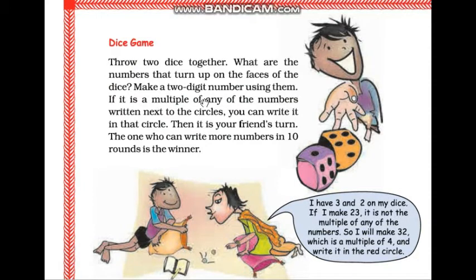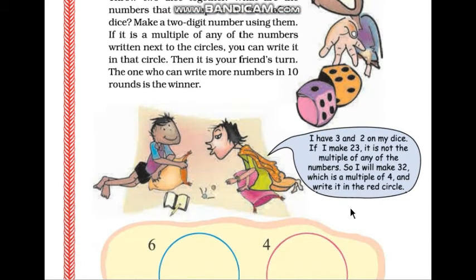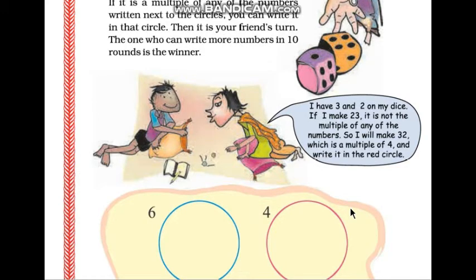If it is a multiple of any of the numbers written next to the circle, you can write it in that circle. Then it is your friend's turn. The one who can write more numbers in 10 rounds is the winner. So here these 2 friends are playing this game. Here I have 3 and 2 on my dice. If I make 23, it is not a multiple of any of the numbers.